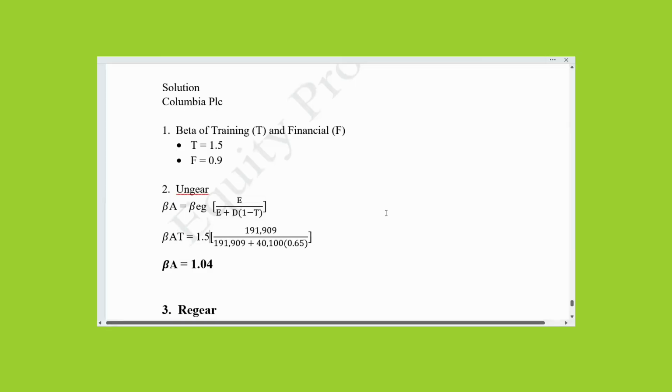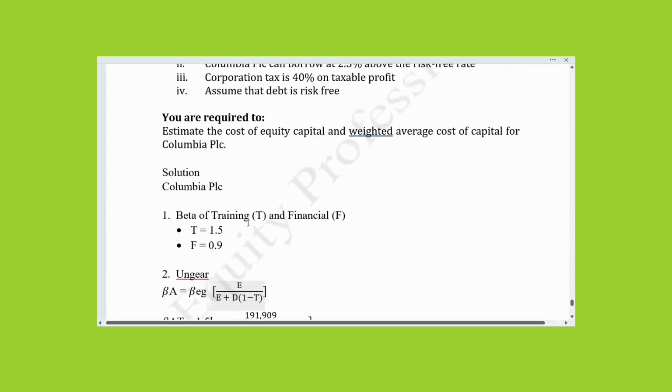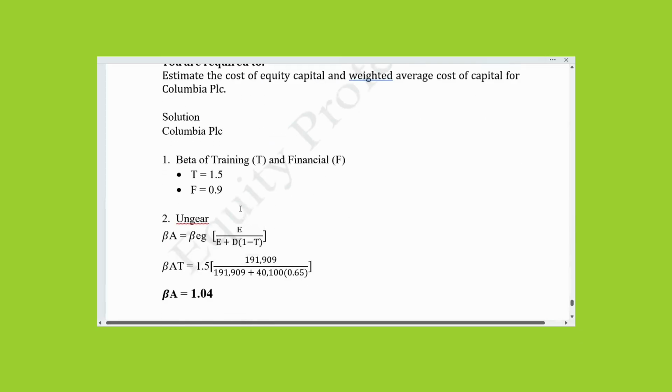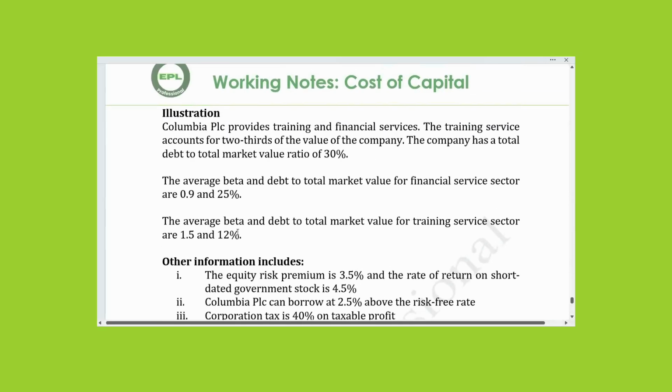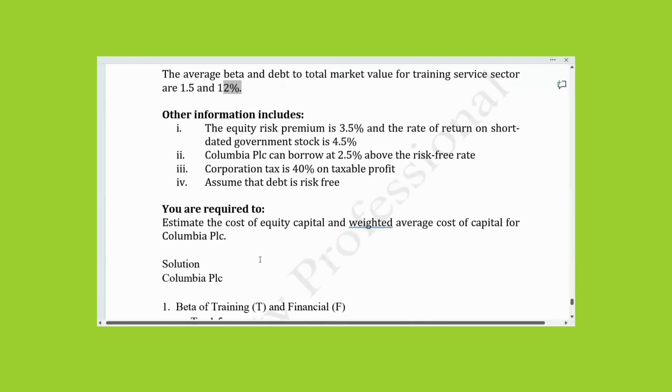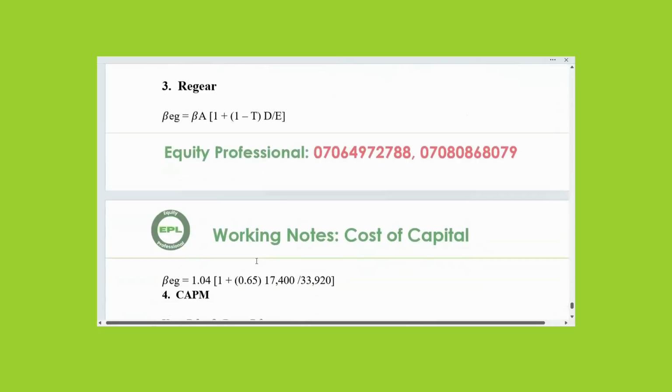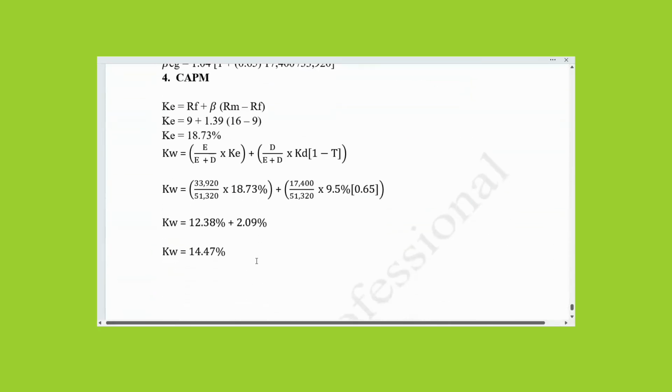Then multiply by the equity value of training services. What is the value of training services? According to the question, the examiner told you that the training service sector has debt to total market value of 12%. So if debt is 12%, it means that equity will be 88%.